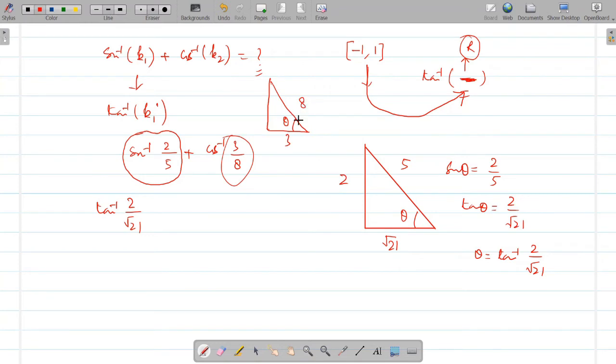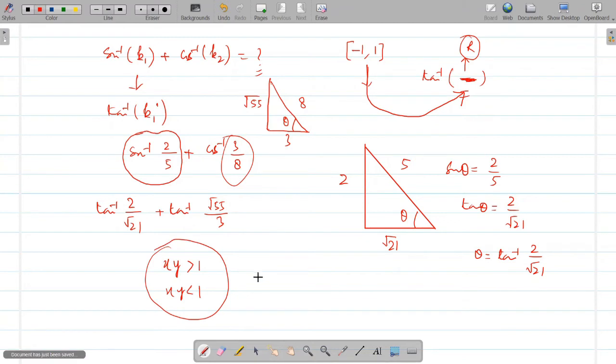So that is 64, and 64 minus 9 is 55, so square root of 55 we will get. So in that case we can write this as tan inverse of under root of 55 by 3. And thereby, by checking whether xy is greater than 1, both positive, or xy is less than 1, accordingly we can add pi or subtract pi and we can get the result.